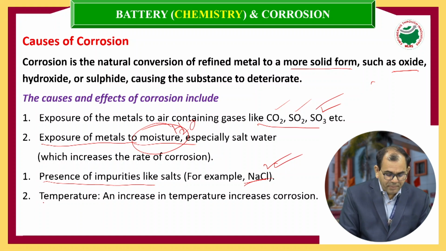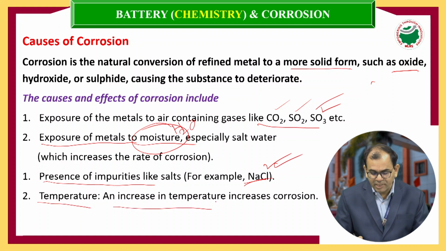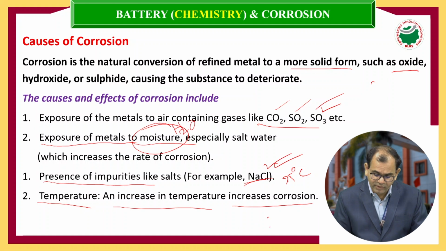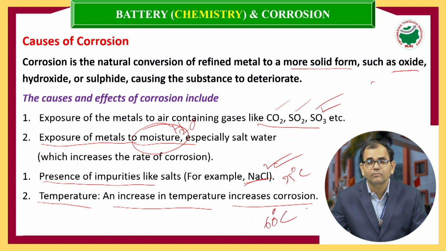Now, temperature. An increase in temperature increases corrosion. For example, in Hyderabad the normal room temperature is somewhere around 25 degrees centigrade, whereas in Dubai or other Gulf countries it is somewhere around 60 degrees centigrade.